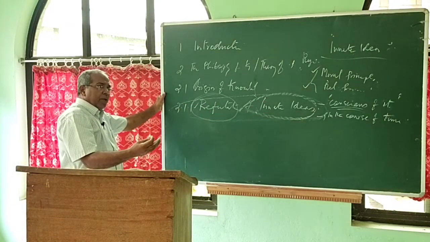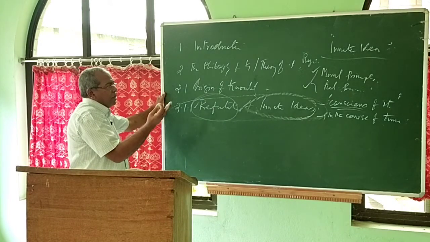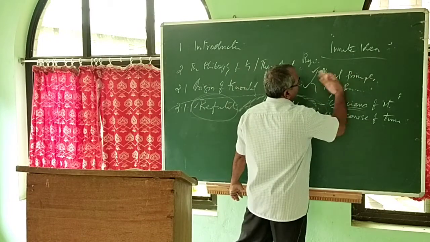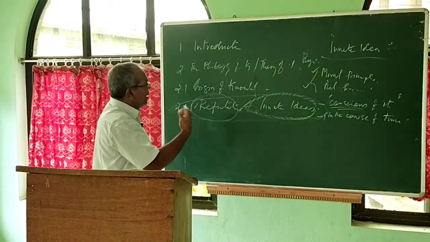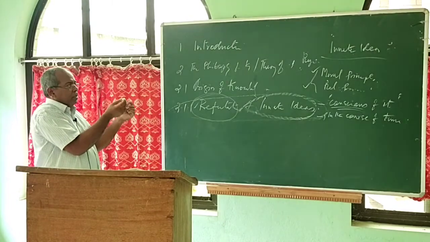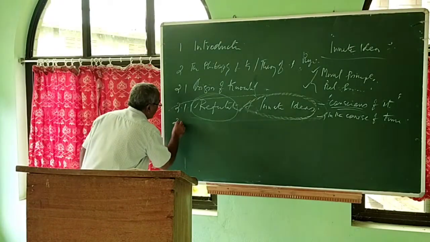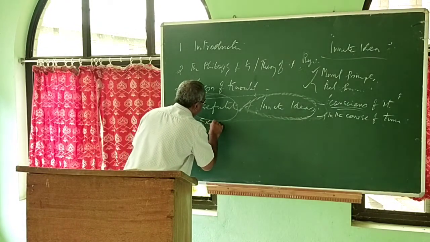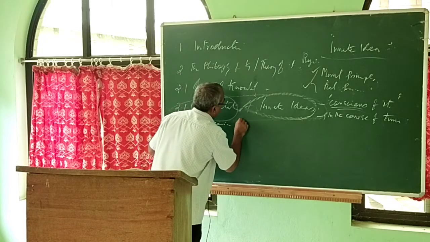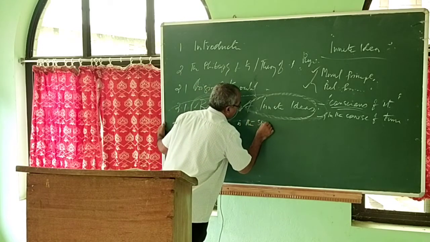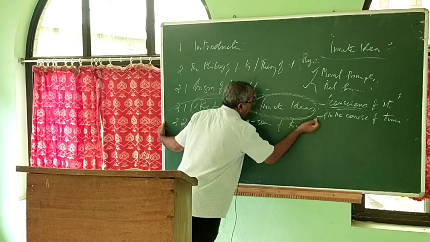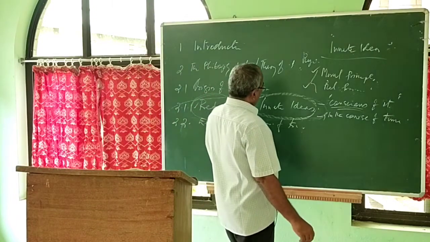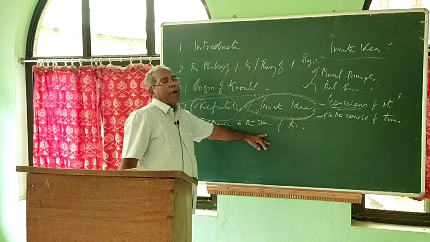Then, if you refute that there are no innate ideas of knowledge or of morality or about God or anything, then how do you get knowledge? Therefore, the next one: experience is the source of knowledge. So, in other words, you get knowledge, ideas through experience.